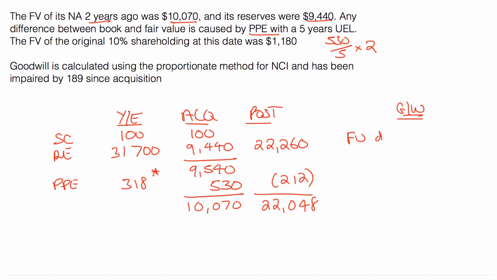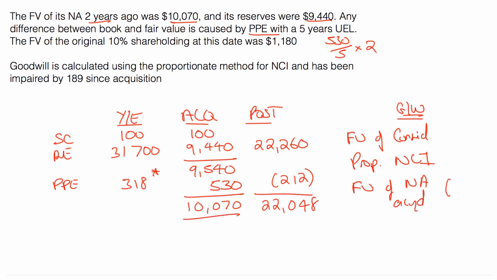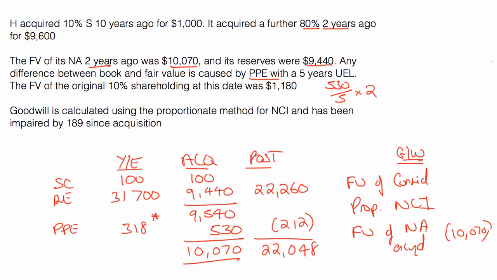Fair value of consideration. It's proportionate NCI, and the fair value of net assets acquired I have just calculated here, look, to be 10,070. So therefore, the proportionate NCI, well, I own 80 plus 10, so I own 90.